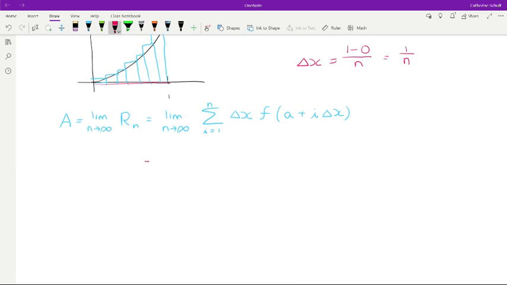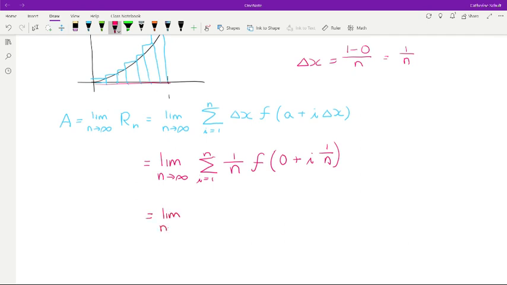So this is what we're looking at. We're going to be looking at the limit as n goes off to infinity of the sum from i equals 1 to n. Delta x, we said, was 1 over n. And now a is 0, and delta x is 1 over n.